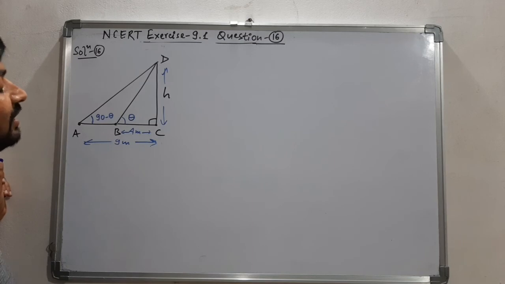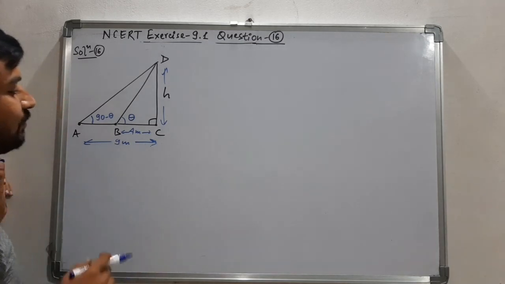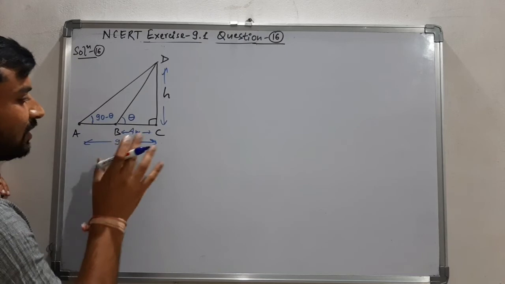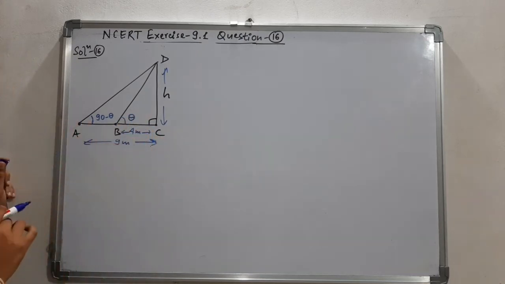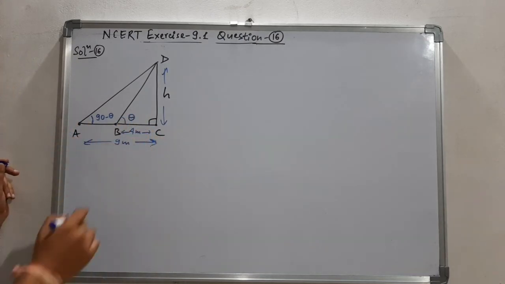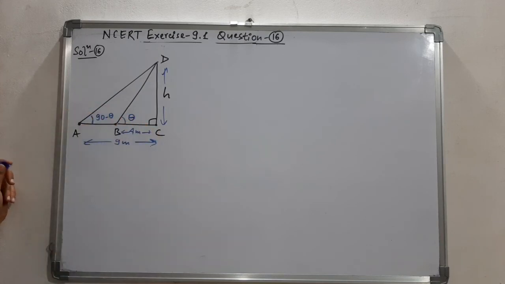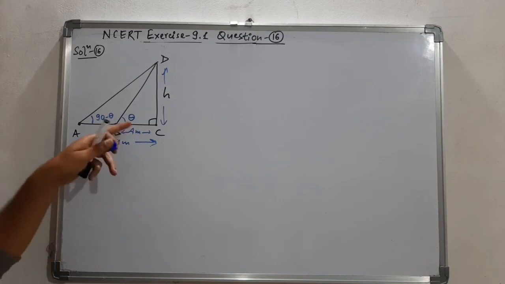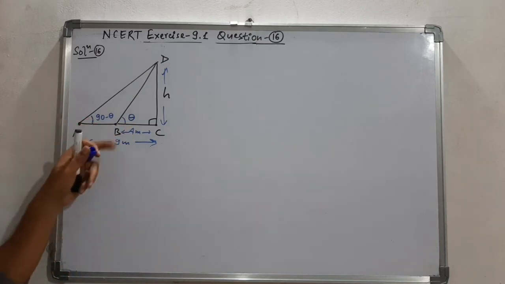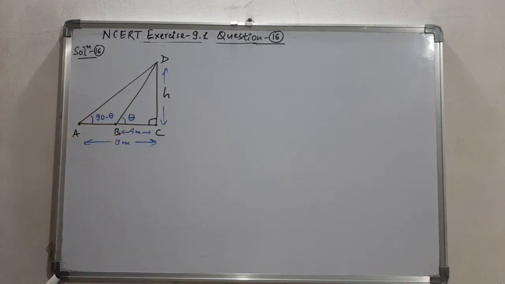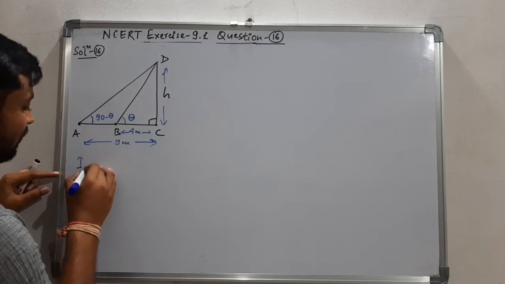Now the angles of elevation for these 2 points A and B, at distances of 4 meters and 9 meters, are complementary. Means if we consider the angle from point A as theta, the other will be the complement of theta, that is 90 minus theta. We have to prove that the height is 6 meters. So let us try to solve this question.